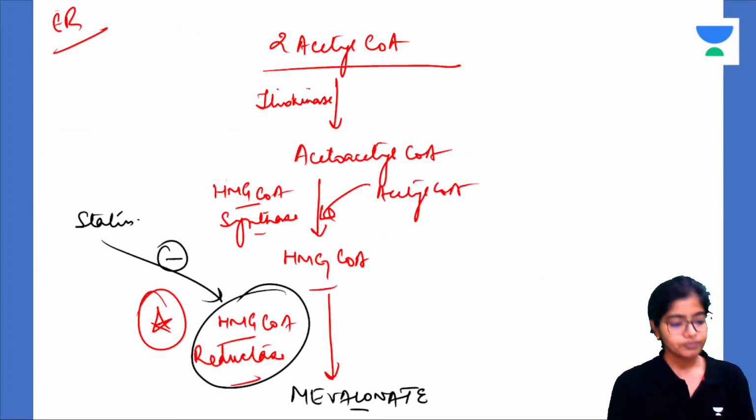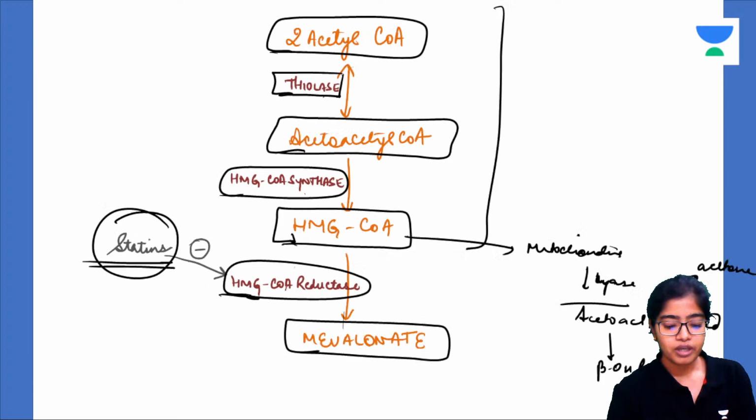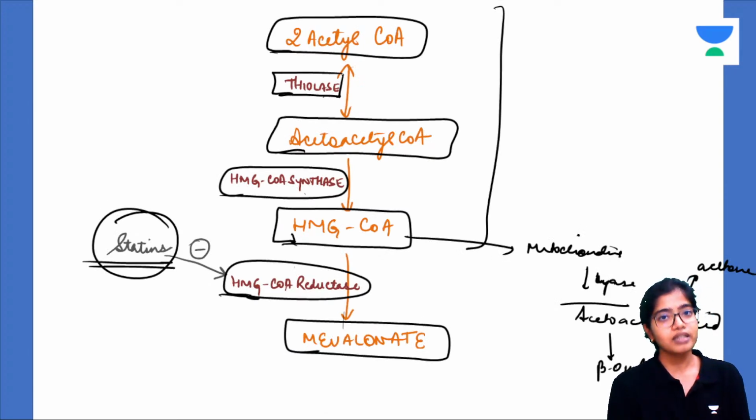Alright. The first step involving the rate limiting enzyme, HMG CoA reductase, is extremely important. You should know how HMG CoA reductase is stimulated and inhibited by different hormones and substrates. Feedback inhibition by cholesterol, mevalonate, glucocorticoids and bile acids.